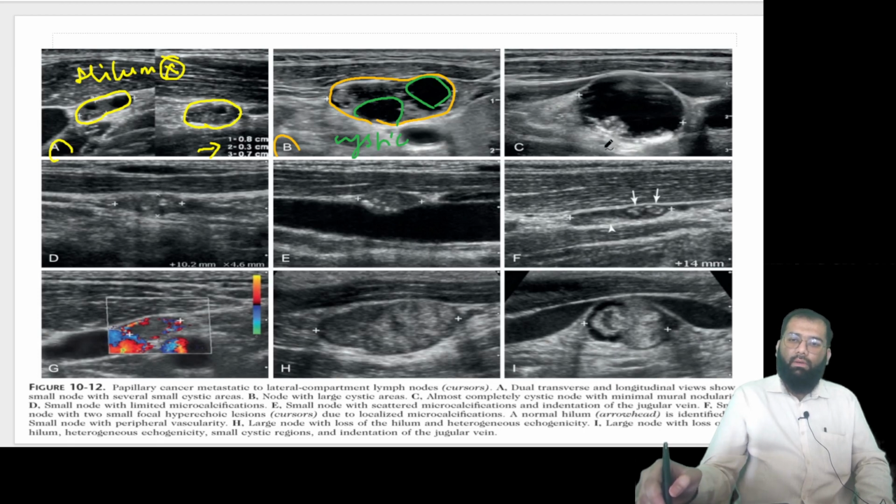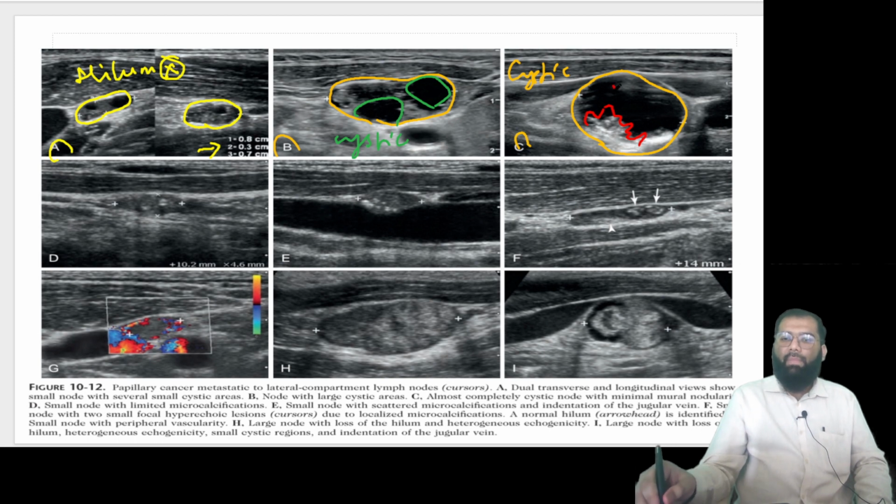Now let us come to image C. Here you are able to see a cystic lymph node, and very important, this is a cystic lymph node, but you are able to see certain solid areas. I want you all to focus on the solid area within it, which is showing papillary projection.